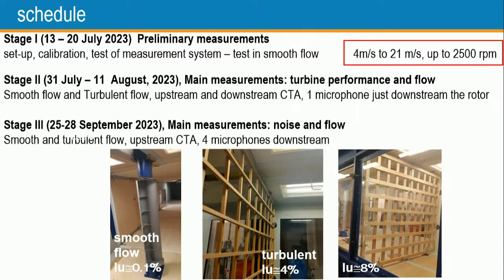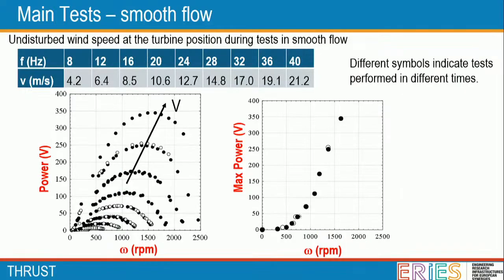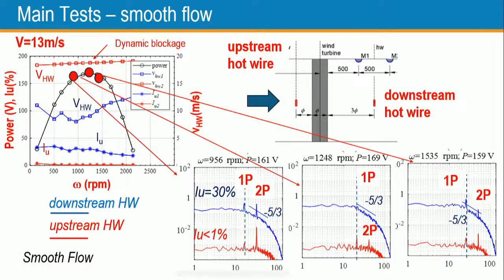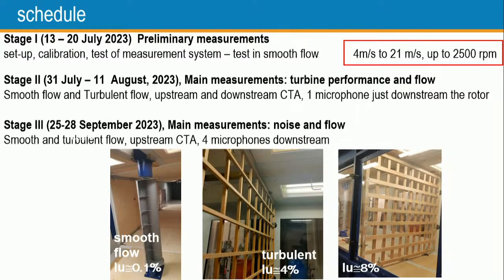Then the second stage carried out the main measurements, performed both in smooth flow and using a thin grid, creating a turbulence intensity of about 4%, and a thick grid, creating a turbulence intensity of about 8%.